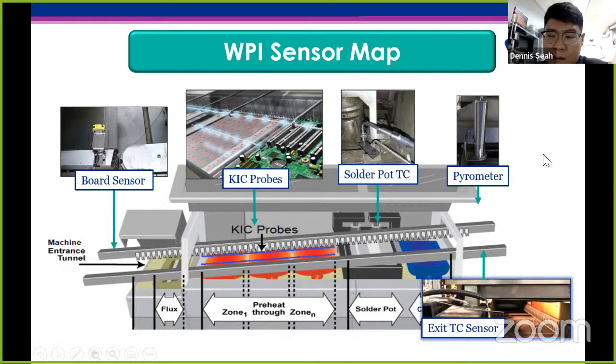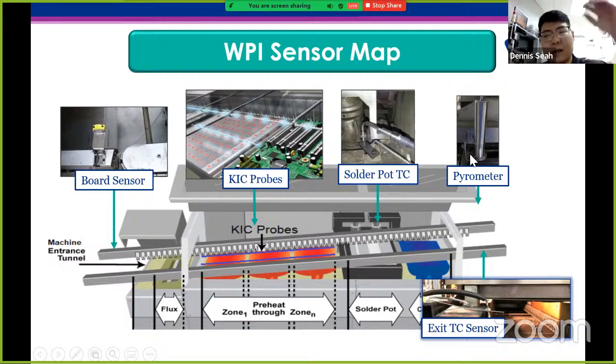And then at the exit, we install the pyrometer. A pyrometer is a sensor that reads the temperature of the surface. Then we have an exit TC sensor, which is actually a kick probe sensor, where we measure the temperature outside, where it is coming off from the pot. The function is similar to the kick probe, but it's just at the end.